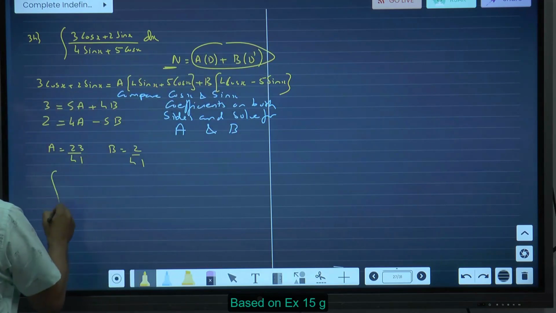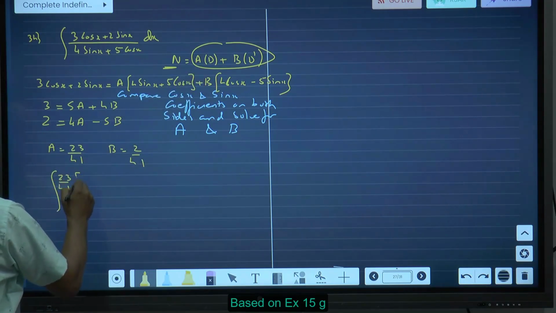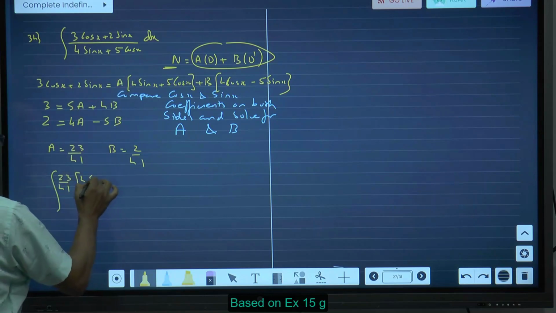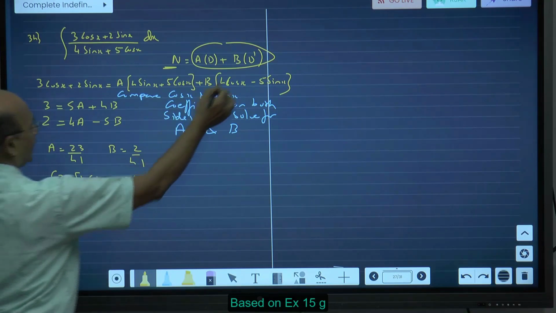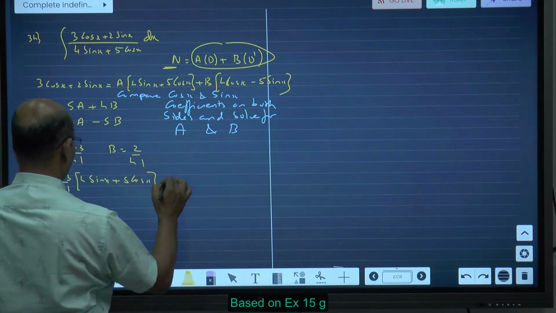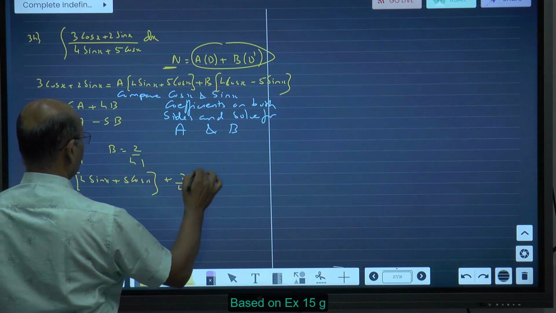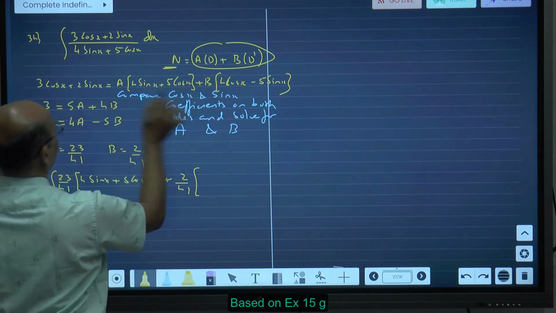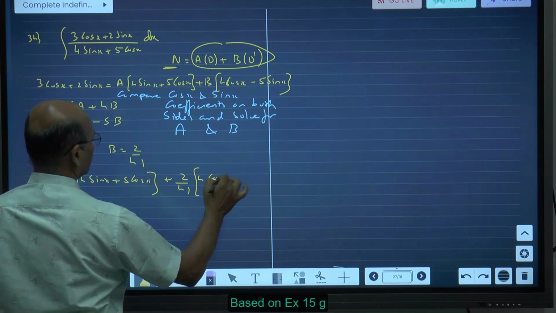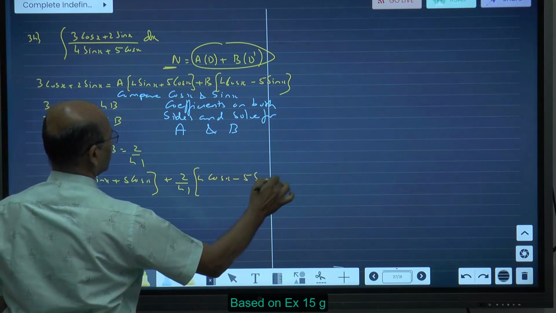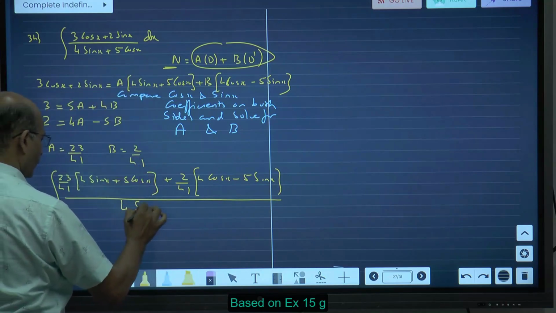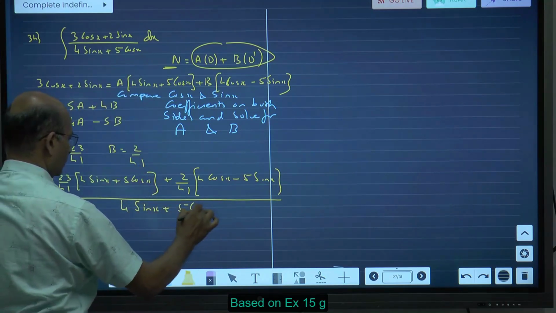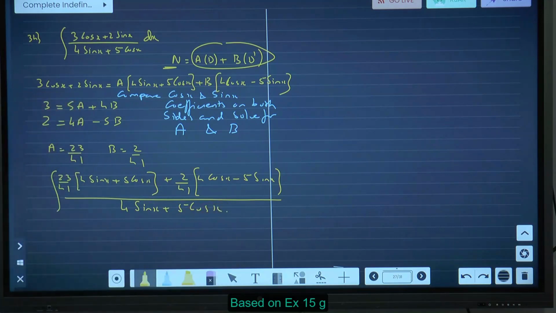So integral a into denominator, what is denominator here? 4 sin x plus 5 cos x, plus b, b is 2 upon 41, into here 4 cos x minus 5 sin x, upon this denominator 4 sin x plus 5 cos x. My job is over, guys.